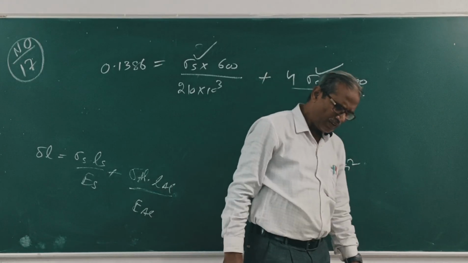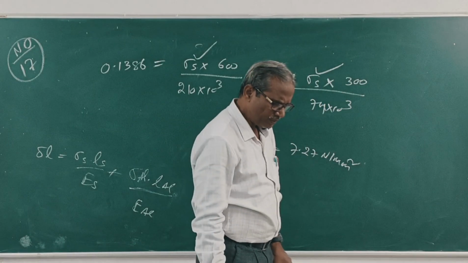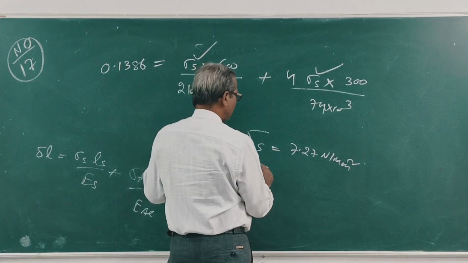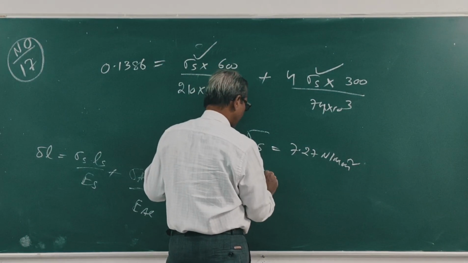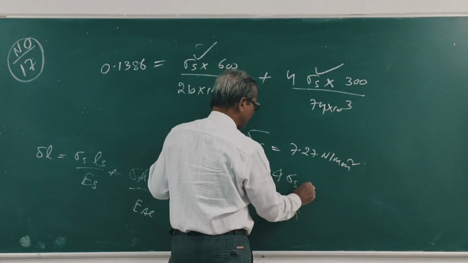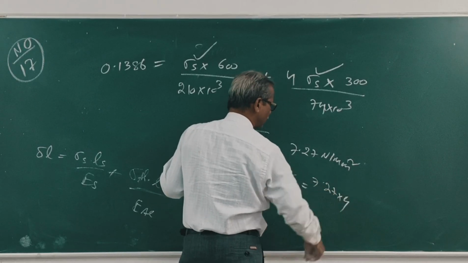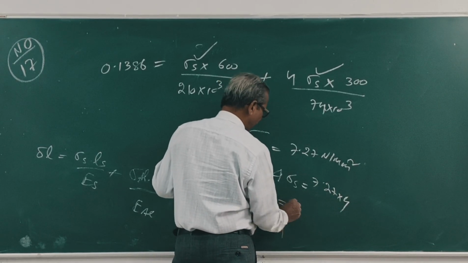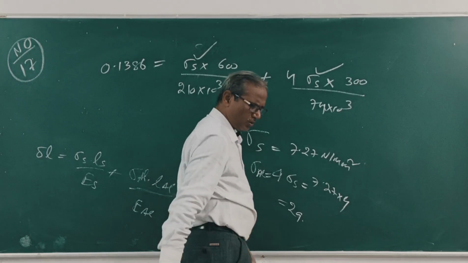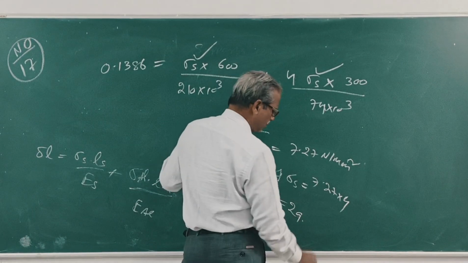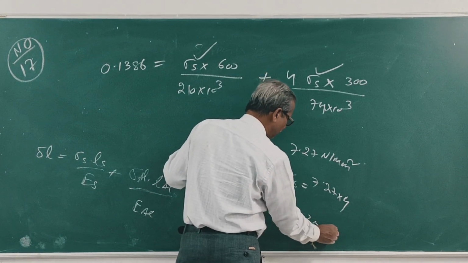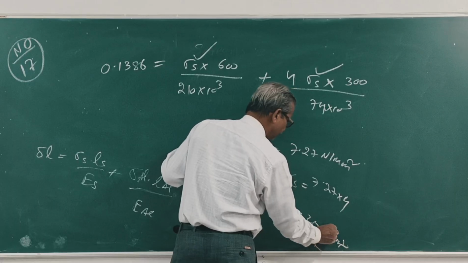Clear? Similarly, sigma aluminum is equal to 4 sigma s, 7.27 into 10 to 4, 29.25 Newton per mm square. Clear?